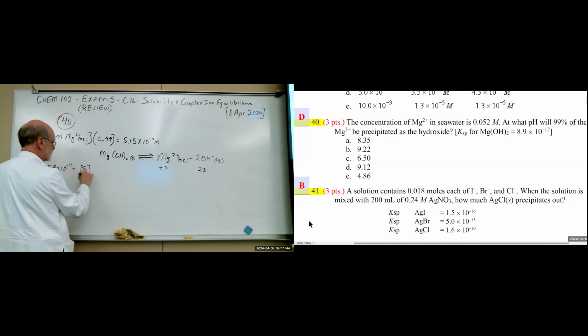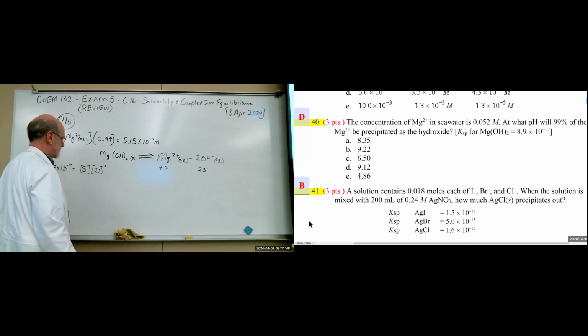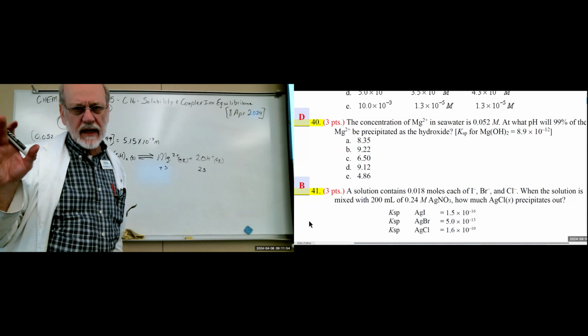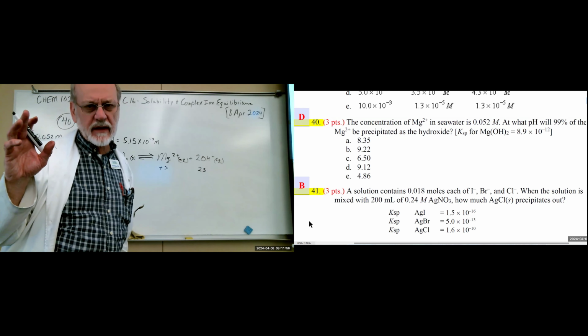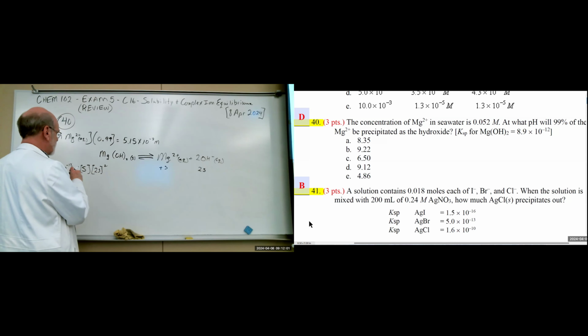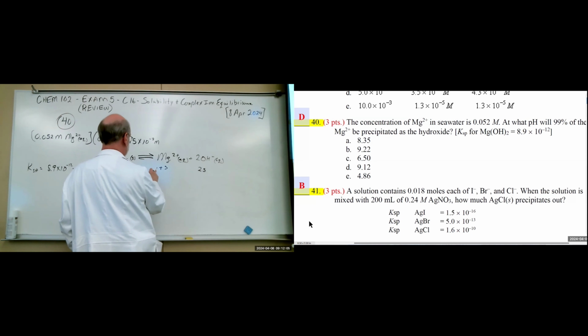That's this concentration squared. And we know this concentration here.